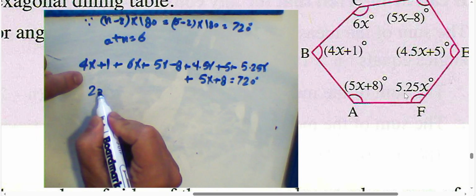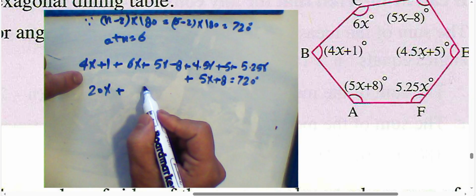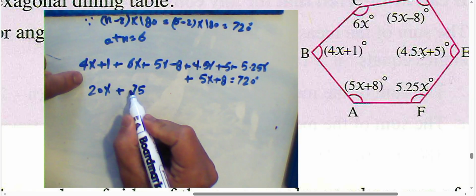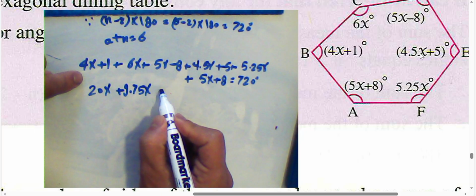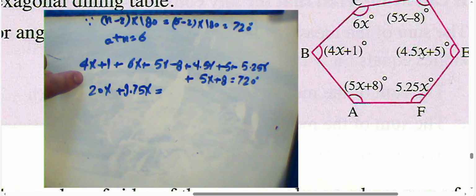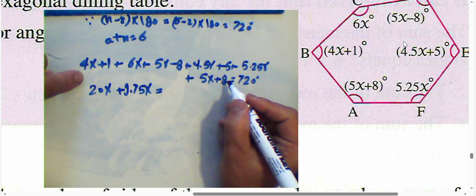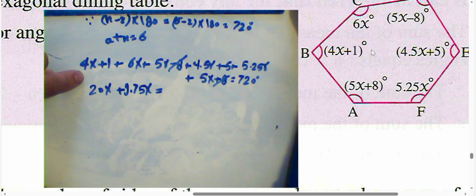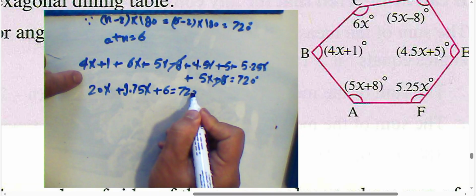Now we have 20x plus the constants: 0 plus 5 equals 5, and 5 plus 2 is 7, and 4 plus 5 is 9x. All of them equal 1 plus we have negative 8, cancel by 8 first, and 1 plus 5 is 6, plus 6 equals 720.